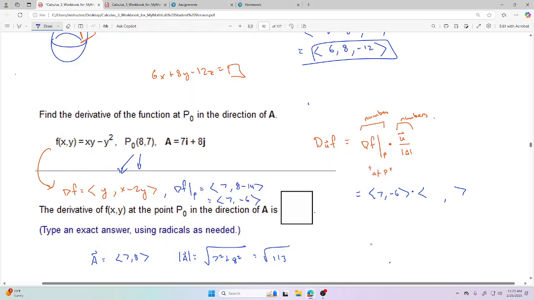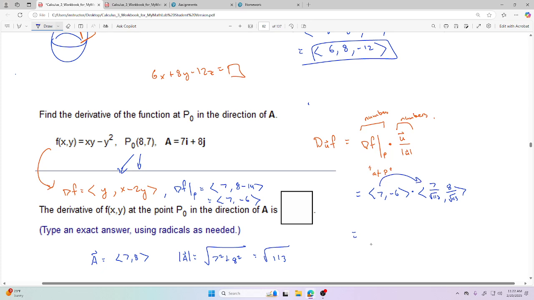I can't do that. So I want to divide both of those by that. Just like that. Cool. We could take that square root and factor it out. That would definitely make it easier, but either way. All right, now we just dot them.